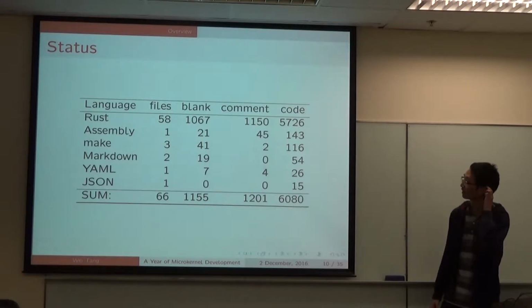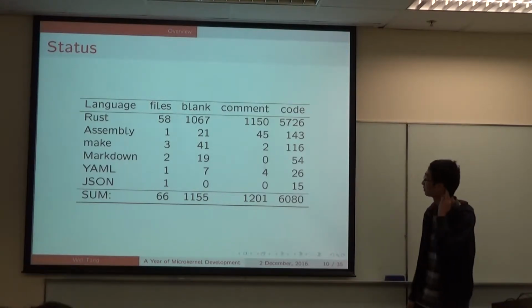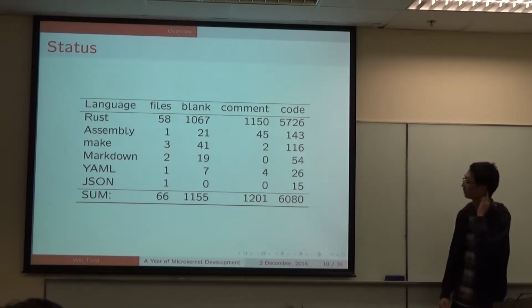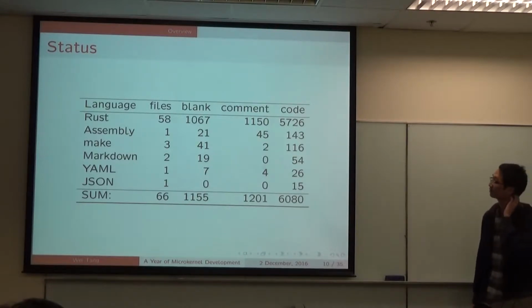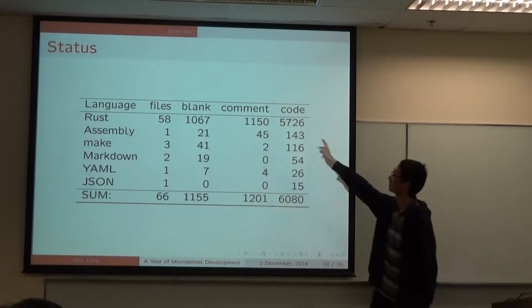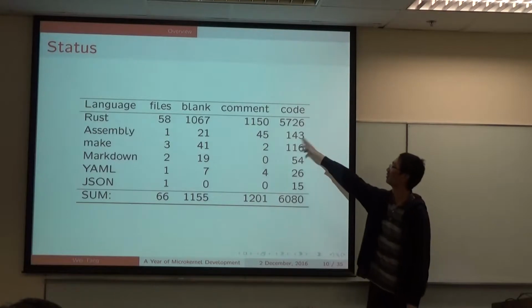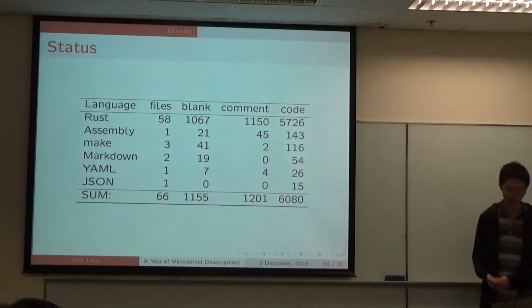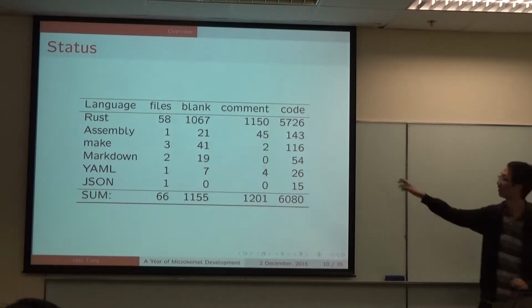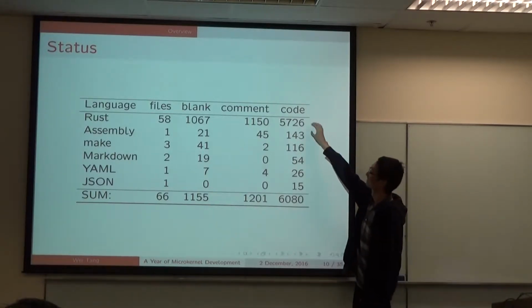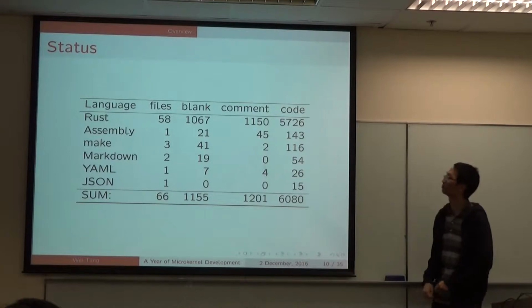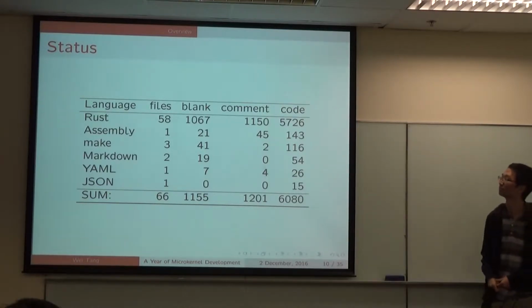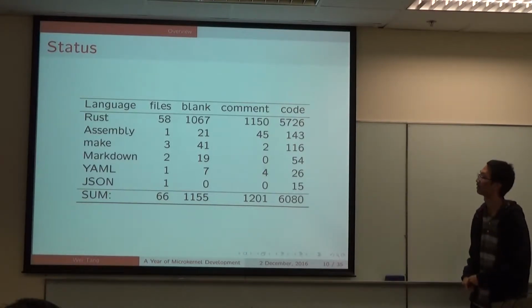So here is some status. I have around 6,000 lines of code, and most of them are written in Rust. There are only a few hundred in assembly, which is great. There is also some inline assembly in the Rust code, which probably contributes something like 200 more lines.